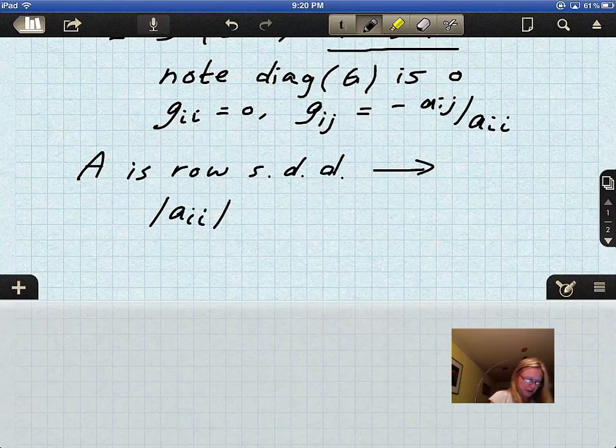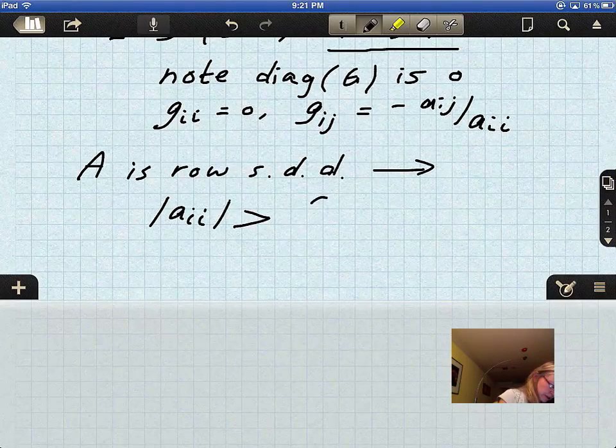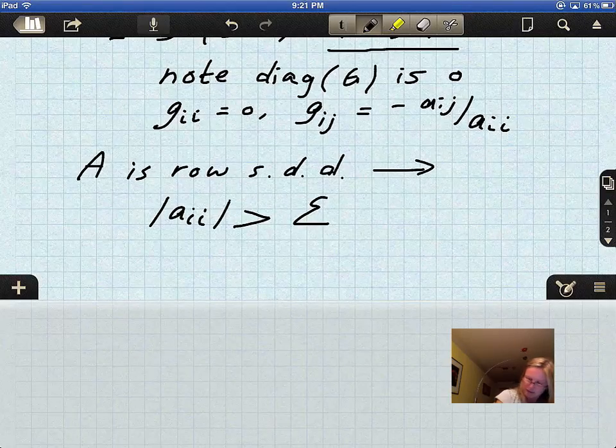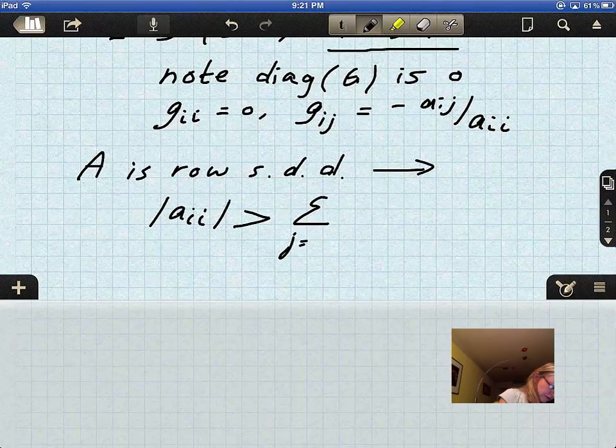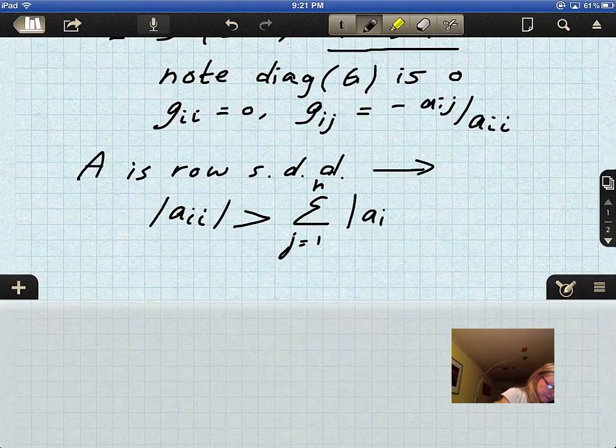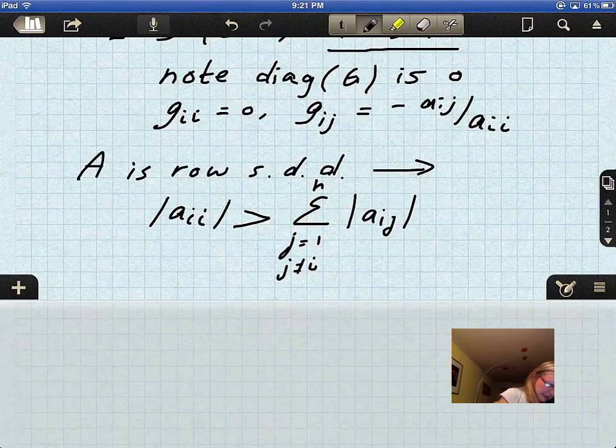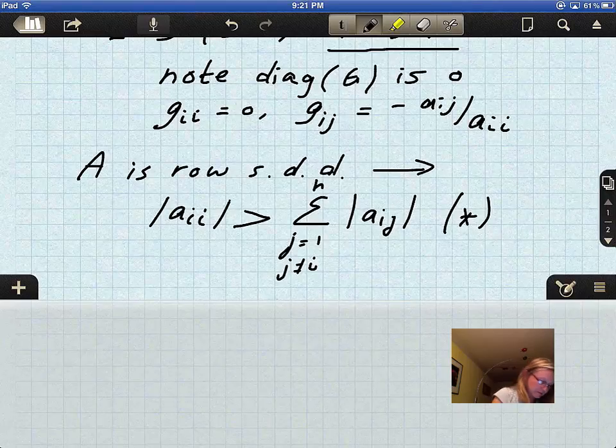So the absolute value of A_ii, that diagonal element, is actually larger than the sum of the absolute values of all the other elements in that row. So we go from j is 1 to n, and we add all of these up, but not for j equal to i, then we have this inequality hold. We call that star.